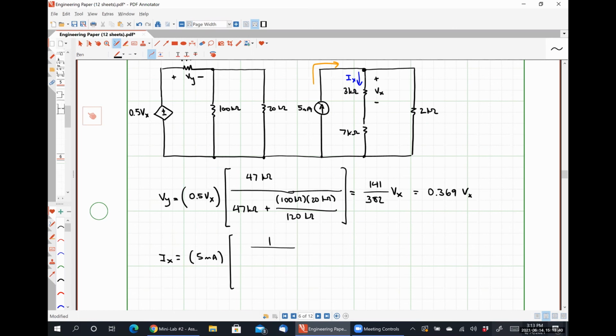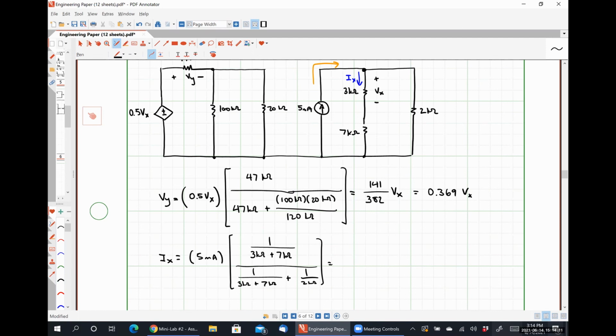So that's going to be 3K plus 7K. And I divide this by 1 over all of the resistances in parallel. So that's 1 over 3 kiloohms plus 7 kiloohms plus 1 over 2 kiloohms.